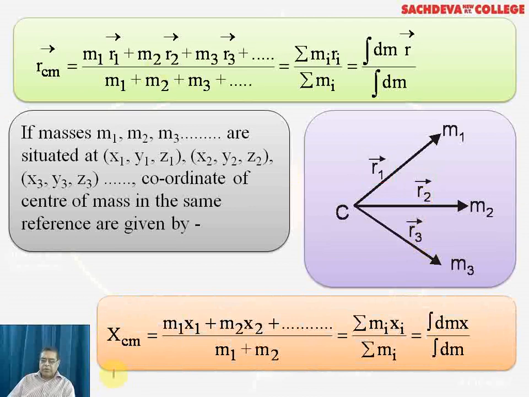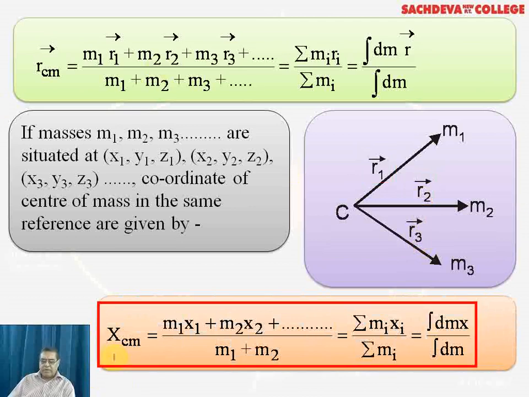So, if you want to find the center of mass, or its distance, it is given by the product of mass and the distance of the particles. So it will be m1x1 + m2x2 + and so on, divided by m1 + m2 + and so on.